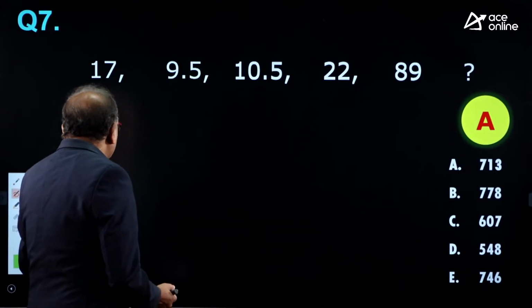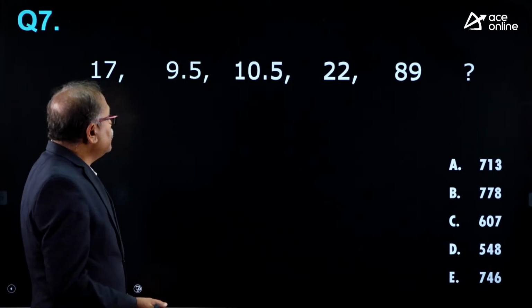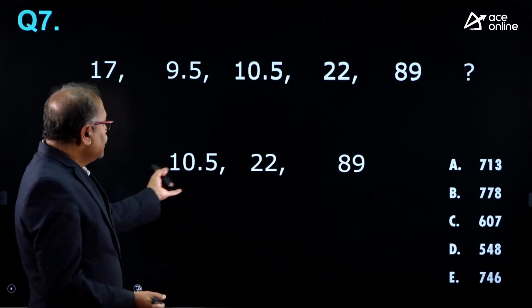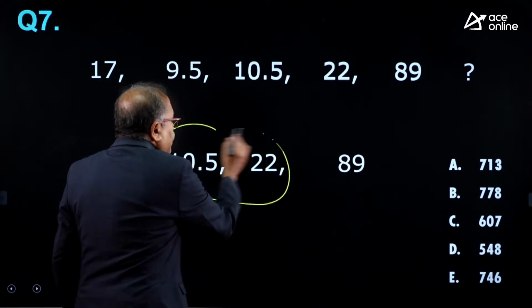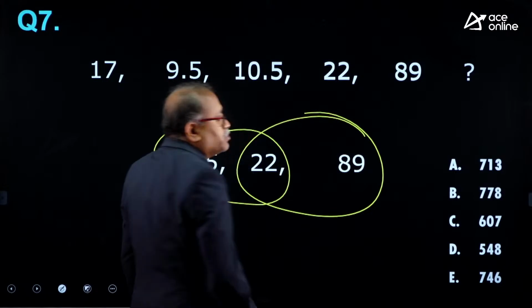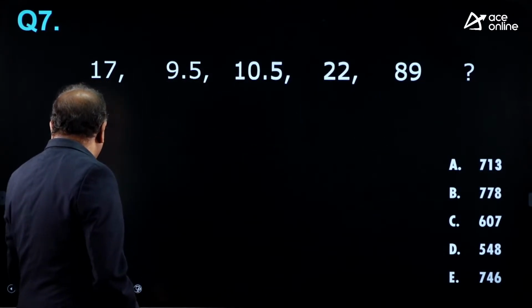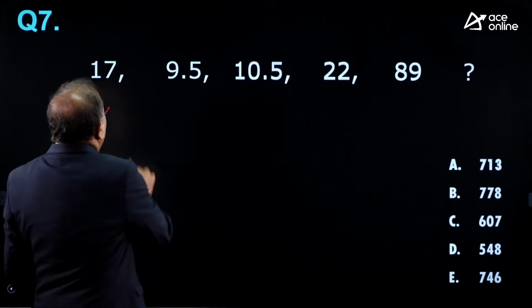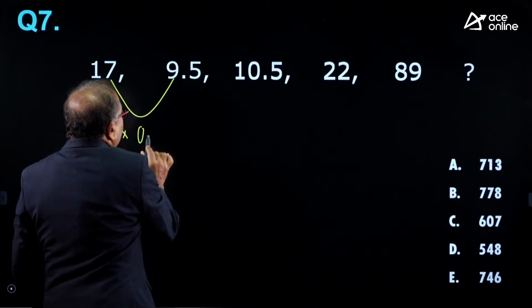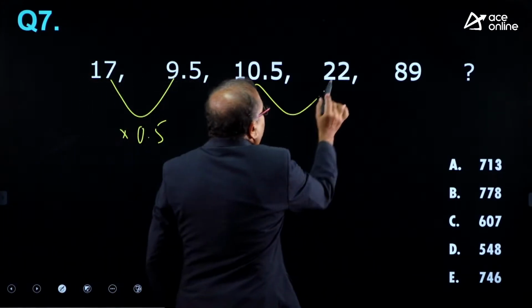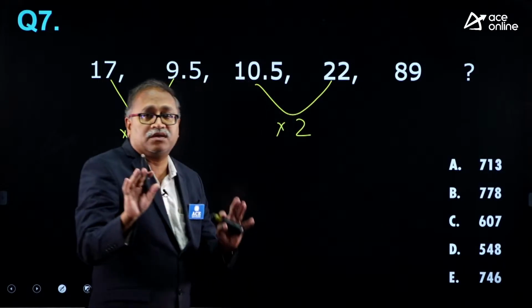Now, come on over here. Let us see what could be the logic. I already gave some clue for this, that from this number to this number, I noticed that it could be into 2, this could be into 4. So, based on this logic, let us work out here, and from here to here, it could be into 0.5, it could be into 2 as I gave the clue.